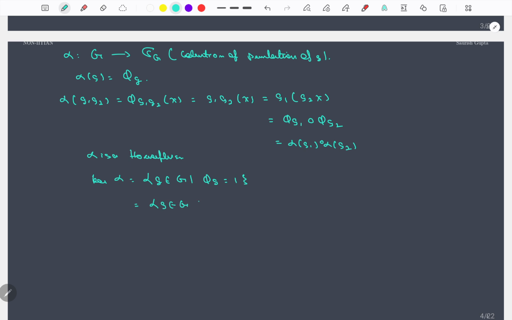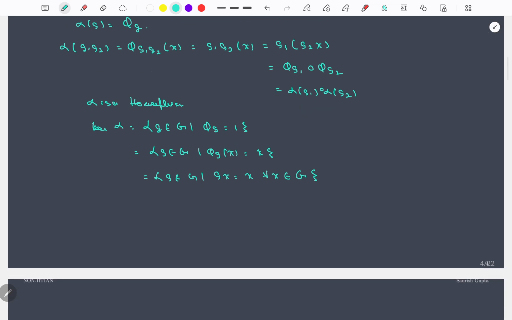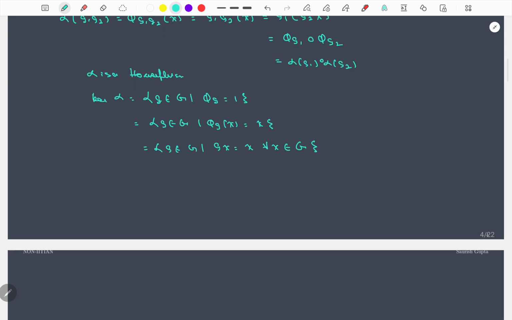So what does phi of G equals 1 mean? That phi of G acts on X and produces X. That is, G in G such that G of X equals X for every X in G. But that would just mean G is equal to 1, so it's trivial, and this is an injective map. So therefore G is embedded in the permutations of G.